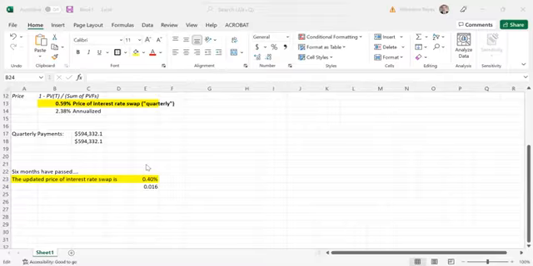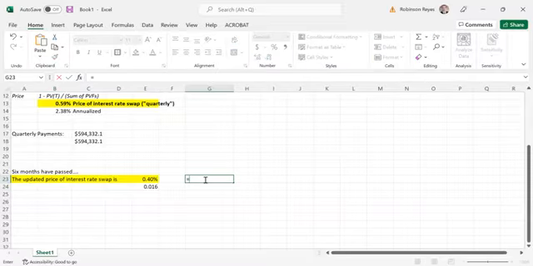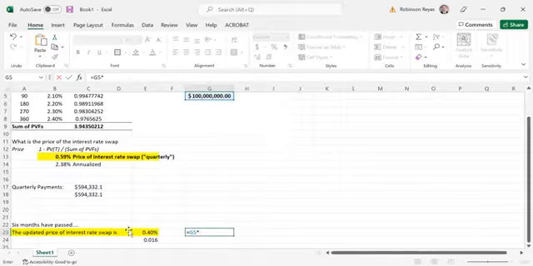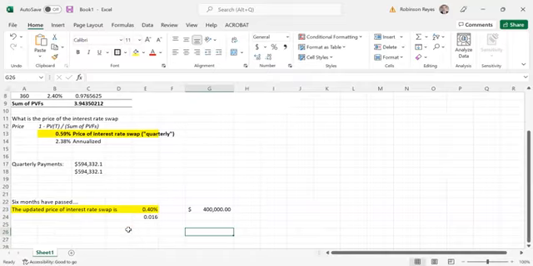So then what we will do is we noticed that this rate, if you started an interest rate swap now, your quarterly payments would be much lower. Your quarterly payments would be 100 million multiplied by 0.4. So the quarterly payments would be 400,000 and not 594,000.